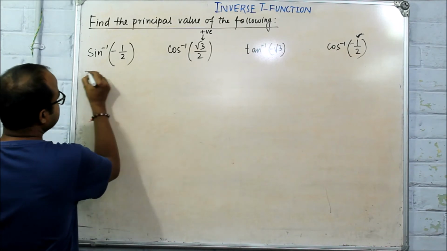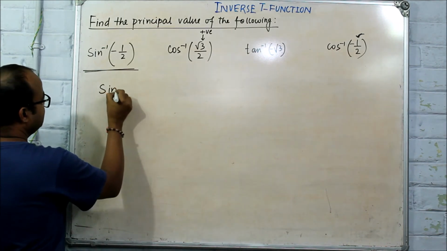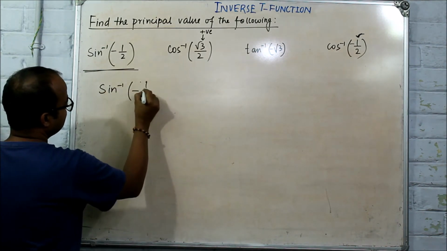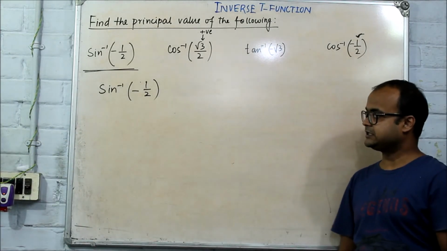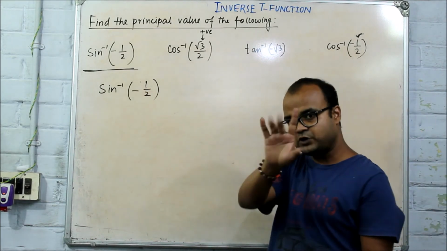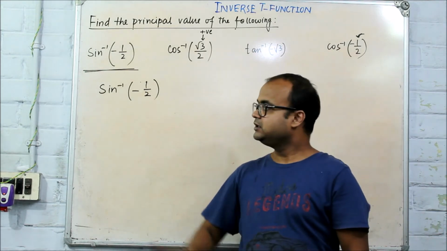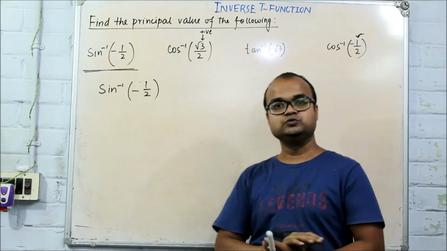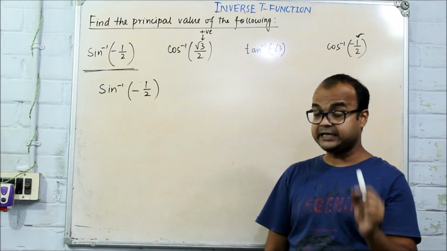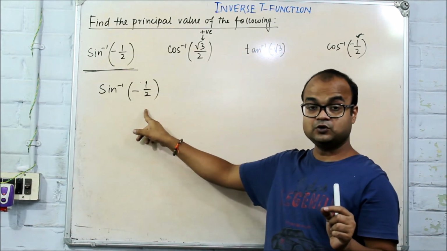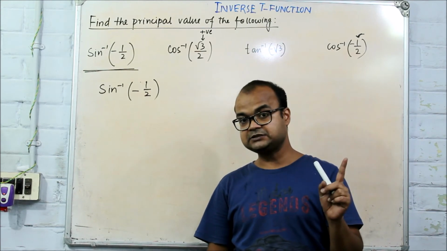Now moving on to sine inverse of minus 1 by 2. For your calculation, I suggest you forget this minus sign for the time being. If it is half, that means sine inverse of 1 by 2, then it is positive. So what will be the angle? Sine will take the value 1 by 2 when theta is equal to 30 degrees, that is pi by 6.